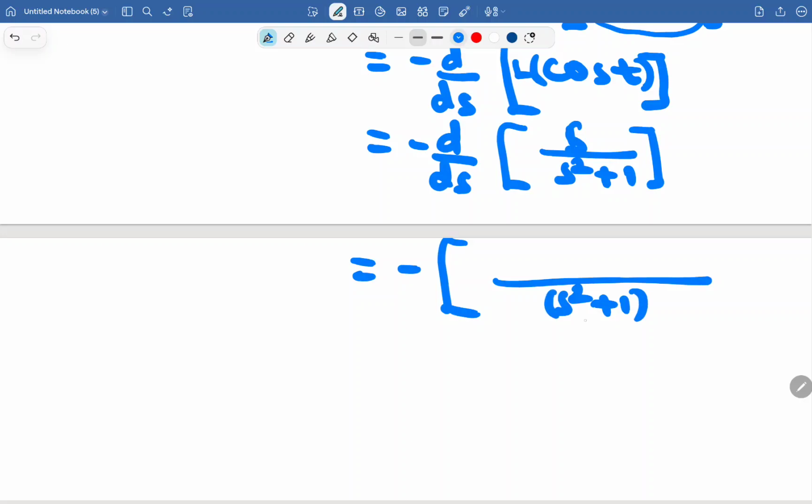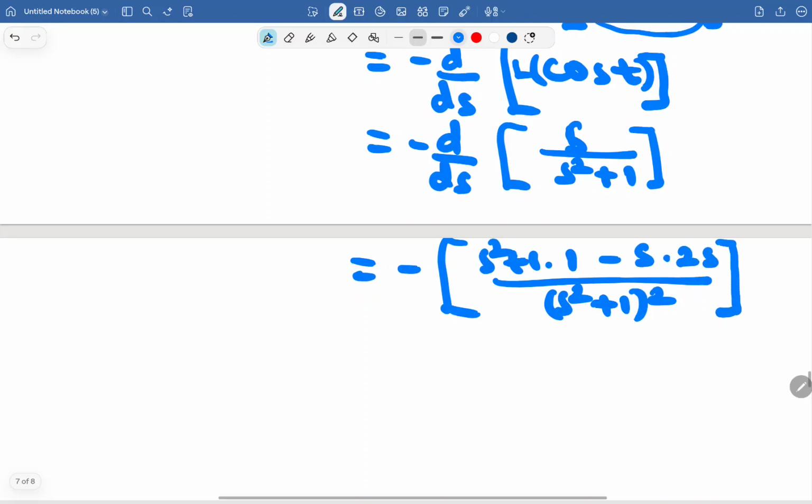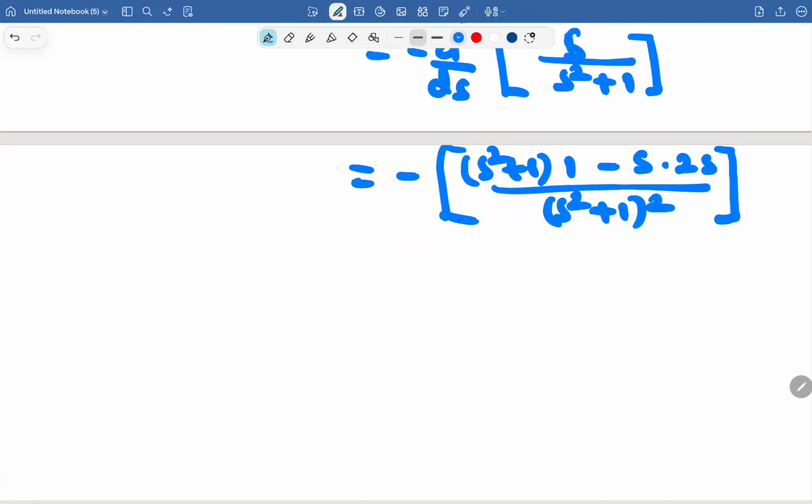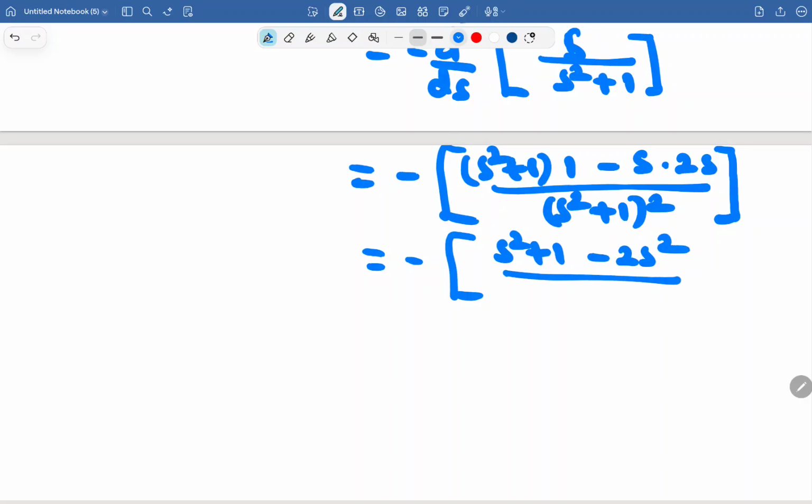Minus of s square plus 1 into 1 minus s into 2s, divided by s square plus 1 the whole square, which is s square plus 1 minus 2s square by s square plus 1 the whole square.